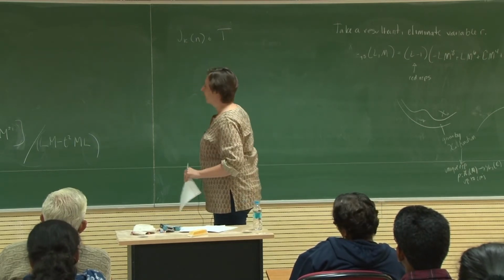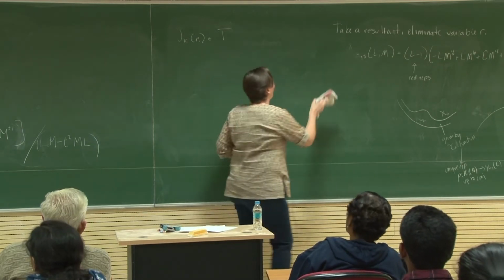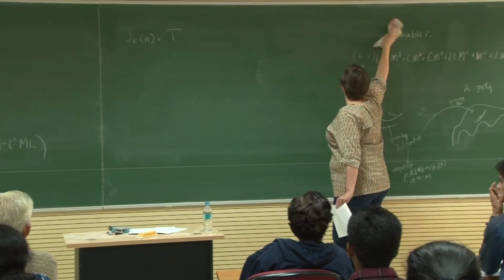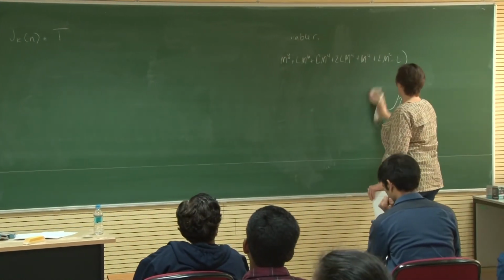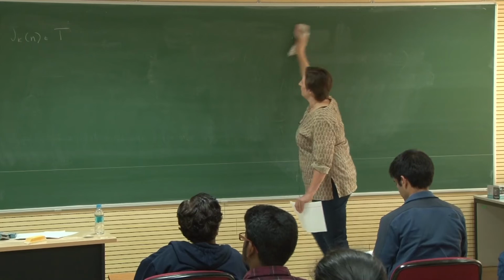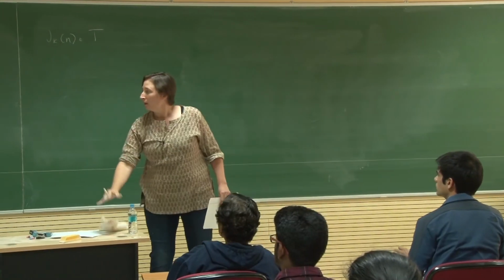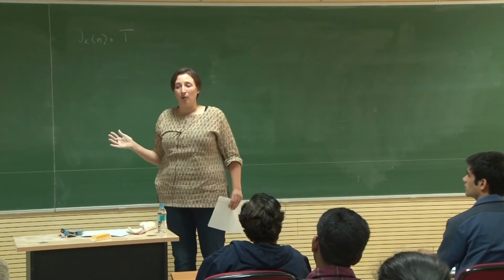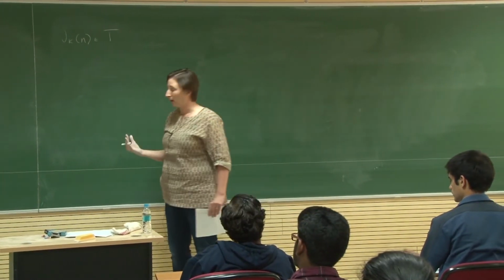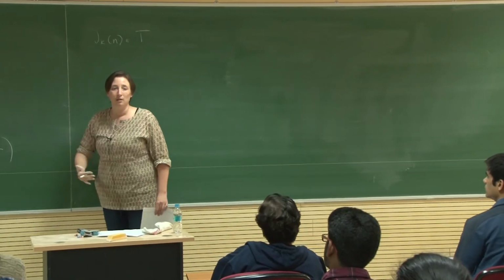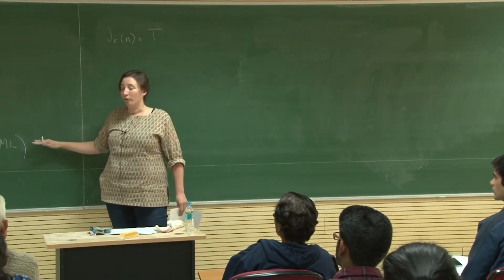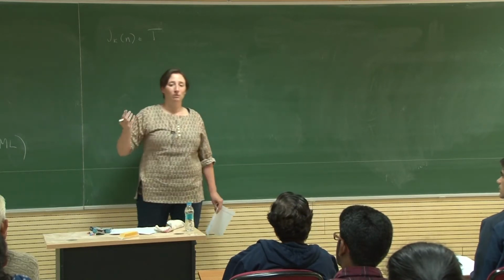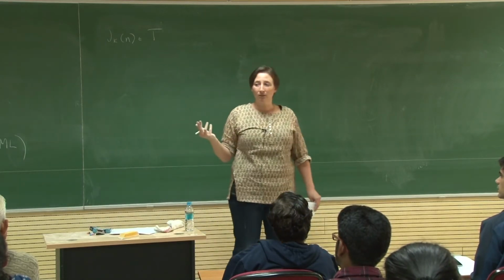Okay, now my goal is to find a polynomial, right? I want to show that there's a relationship between the Jones polynomial and the A polynomial. So I need to get a polynomial out that has m's and l's in it. And the easiest way to extract a polynomial from a ring is to find a principal ideal.